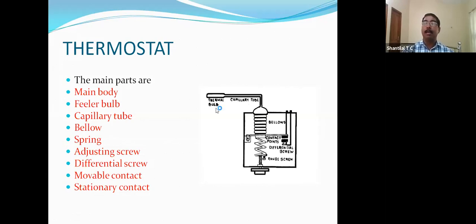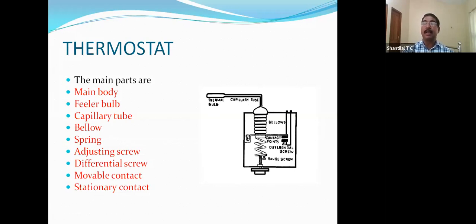Here one action is going on: the bellow is expanding and contracting. The thermal bulb is clamped to the last coil of the evaporator, so the evaporator temperature is sensed in the thermal bulb. By that, the volatile substance inside changes to liquid or vapor state.